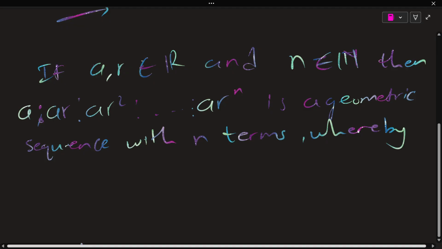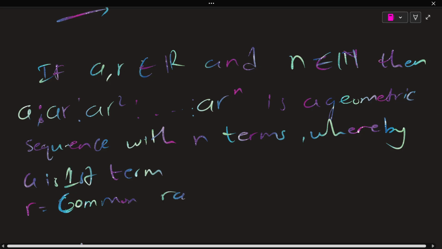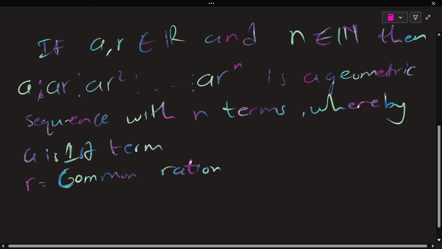Whereby A is the first term, and R is the common ratio. This common ratio, we obtain it by dividing the nth term by the previous term.